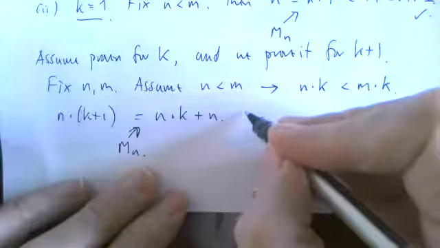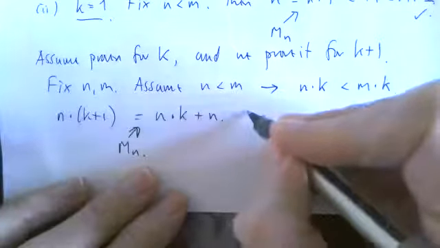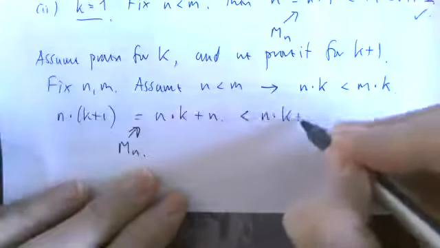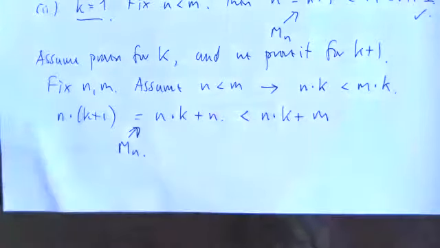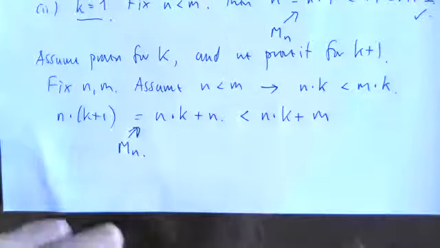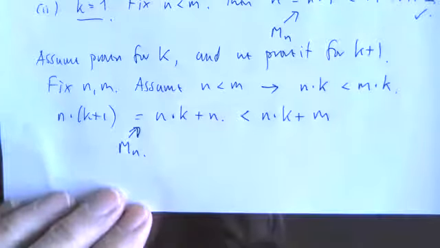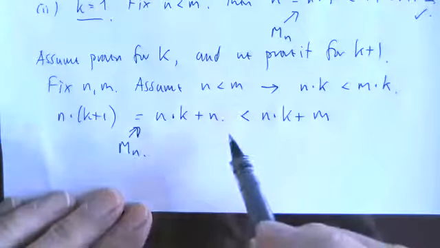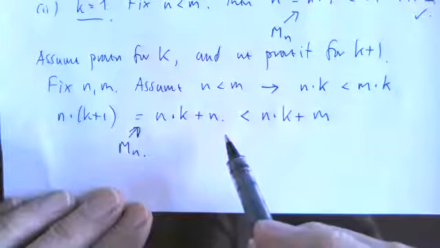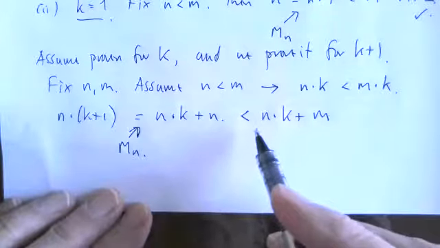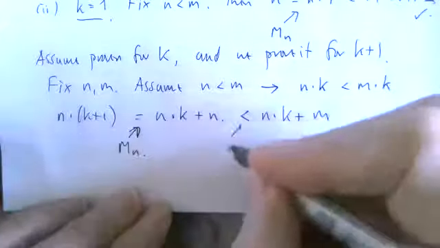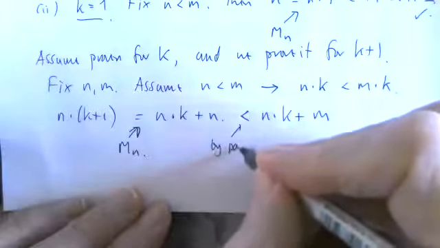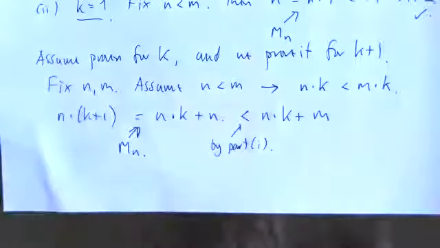As n is less than m, this is less than n times k plus m here. So if I'm doing this one the right way around, this is basically by part 1, where we proved that addition was increasing.